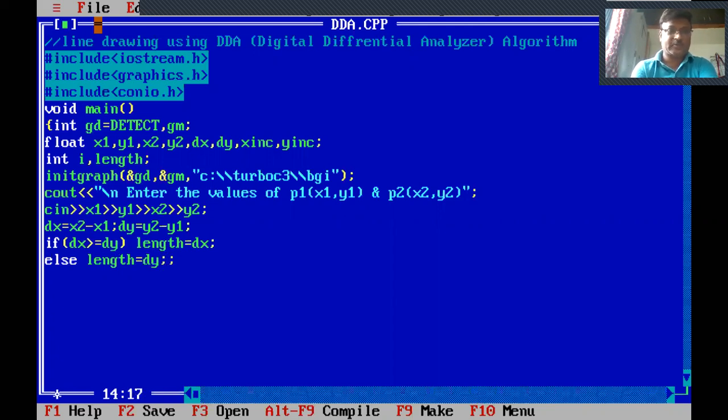So you have calculated length also. Then x increment is x2 minus x1 divided by length, and y increment is y2 minus y1 divided by length. Then you have to start your for loop for i is equal to 0, i less than or equal to length.